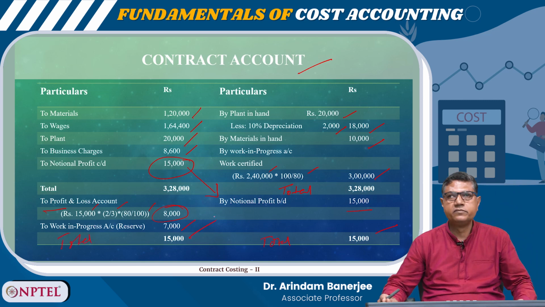I can calculate the profit on certified work like this: 30,000 into 2 by 3, that is 20,000. So, this 20,000 is going to be transferred here, and the rest of the amount, which is uncertified, which is yet to be certified, I am carrying as work in progress. So, this is another illustration for calculation of profit in the case of a contract.